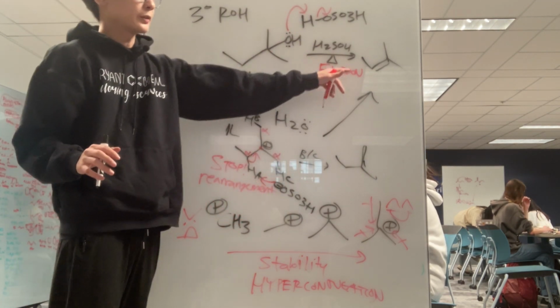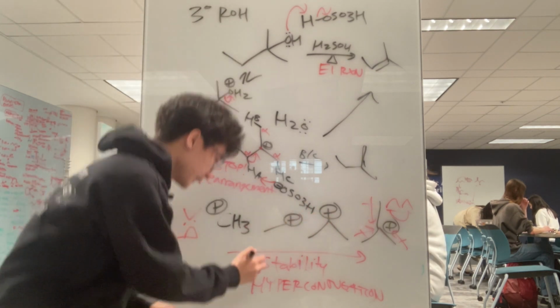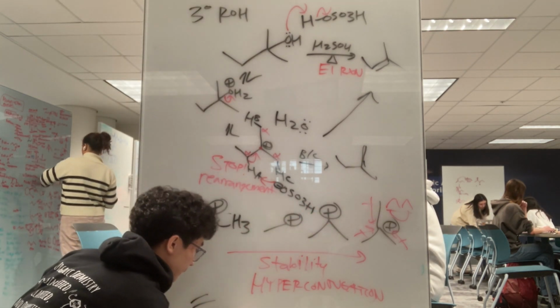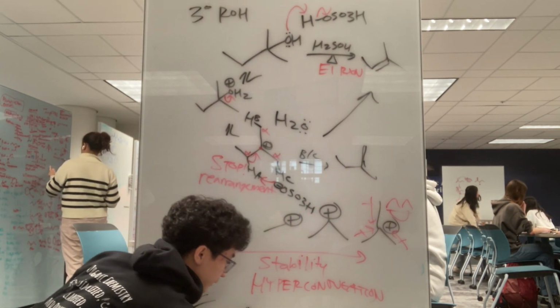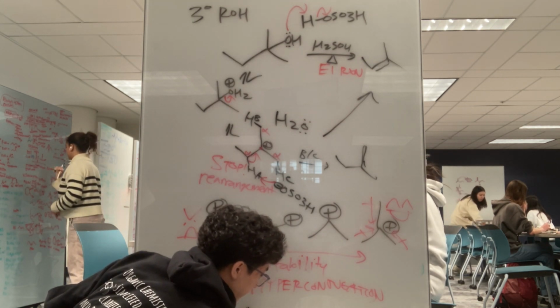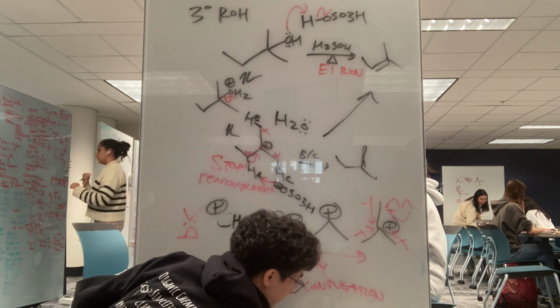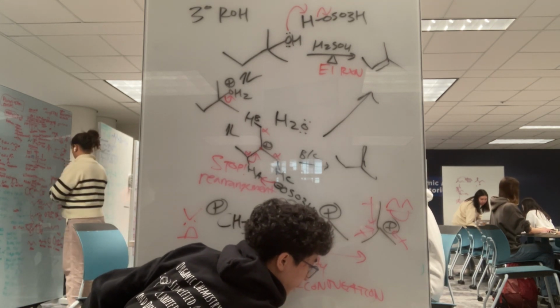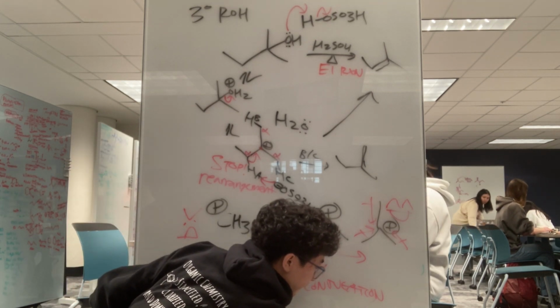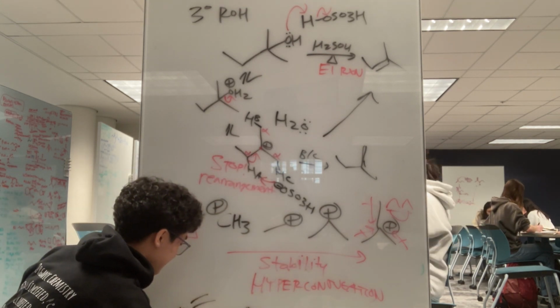The more substituted the alkene is, the more stable it's gonna be, right? So if this is carbocation stability, this is gonna be alkene stability here. This is unsubstituted.